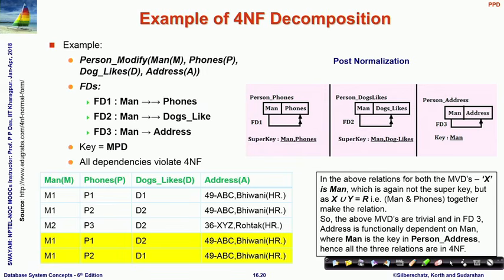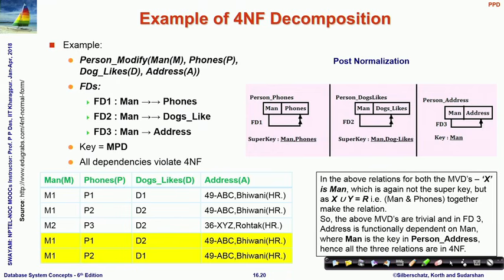So, on the right we normalize by taking FD1, take the union of man and phones, that gives you the first relation and then the rest of it. Then again you split based on FD2, you have the second relation in the decomposition, man and dog like, and the third one gets generated as a byproduct of that, which is man and address. And you have three relations now, which together represent the original relation. Each one of them is in fourth normal form.